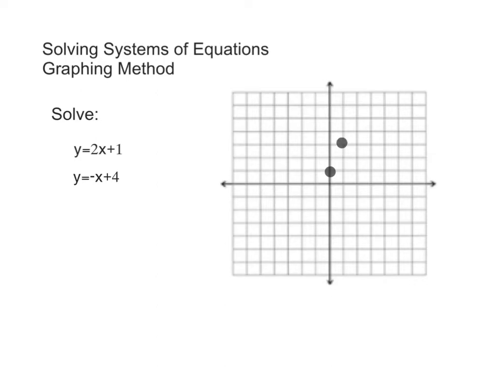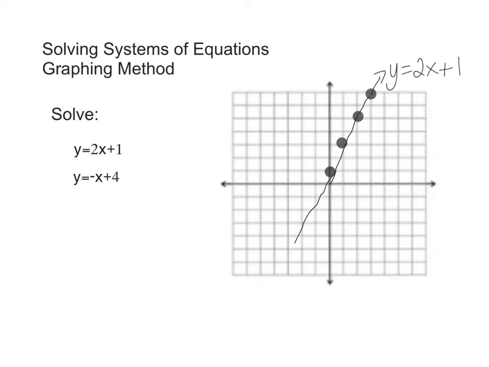So there, up 2 over 1. And then do that again, up 2 over 1. You could do it as many times as you wanted, but that gives you the line. So I'll draw that in.